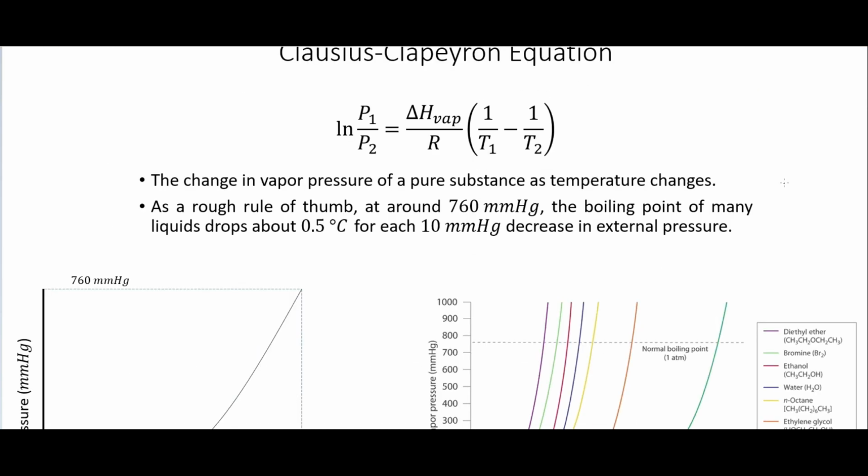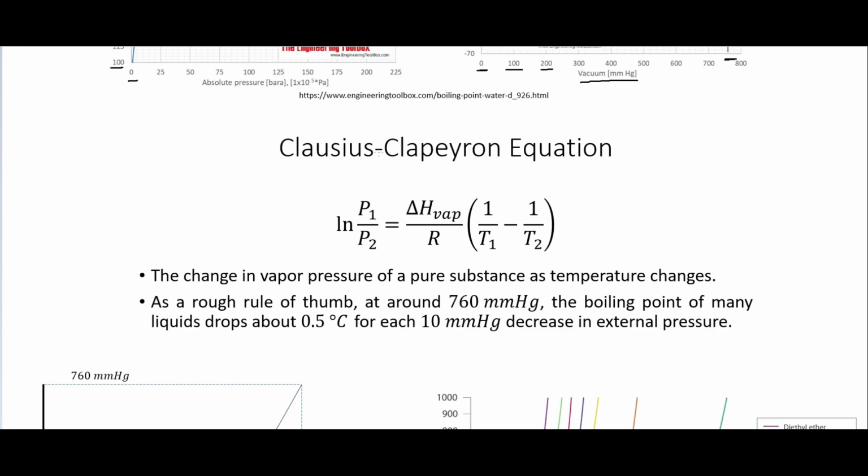And so we can calculate the change in the vapor pressure with the change in temperature using this equation right here. If we put our different pressures in here, and this is our change in temperature, so say we start at this temperature and we want to see what happens to the vapor pressure of our solution when we change it to some new temperature, this will give us that change in pressure.